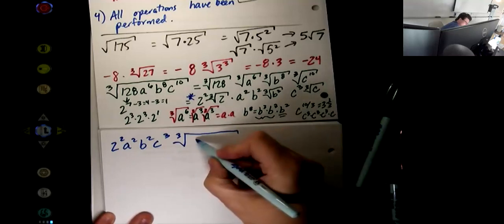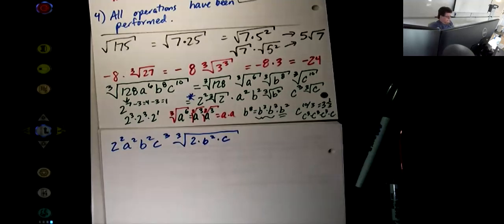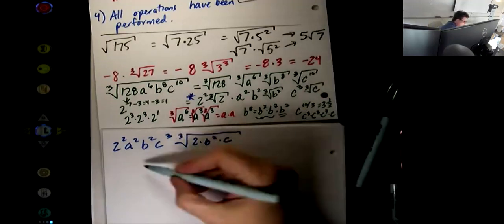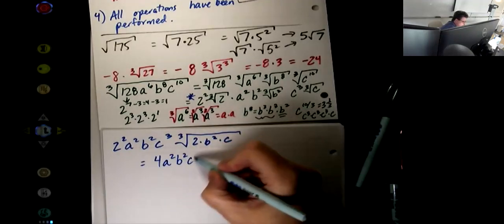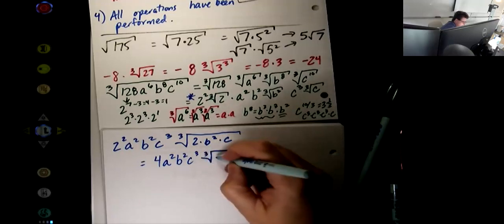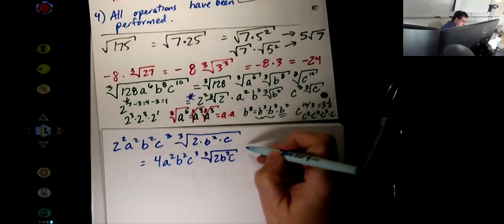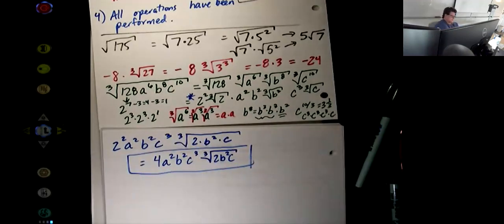I have a 2, I have a b squared, and I have a c. 2 squared though is 4, so we can go 4a squared, b squared, c cubed. And inside is 2b squared c. And that would be the final answer, or most simplified.